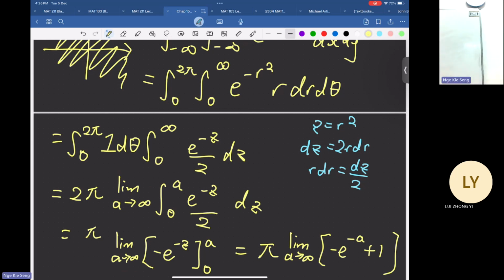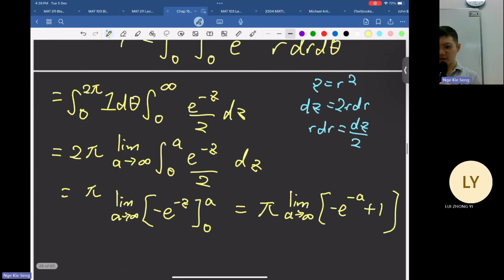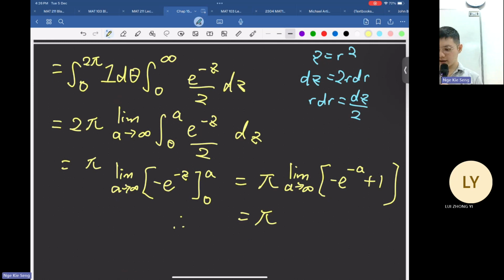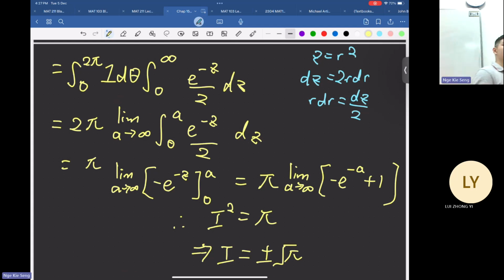As a goes very large, e to the minus a goes to 0, so you get 0 plus 1, which is 1. 1 times pi is pi. So what do I get? I actually get I squared equals pi, but I equals plus or minus square root of pi. Can it be minus or not?